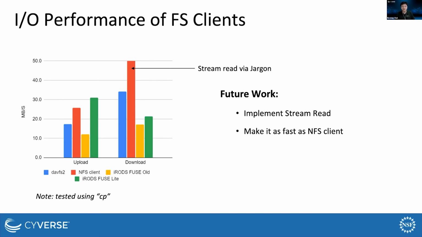So it showed the same performance as Jargon. davfs2 also showed good download performance, here, the blue bar. We guess it also implements stream read, but has some overhead somewhere in the middle.